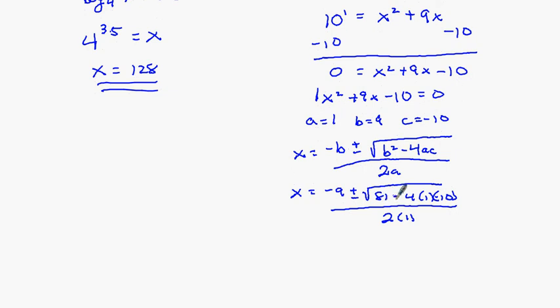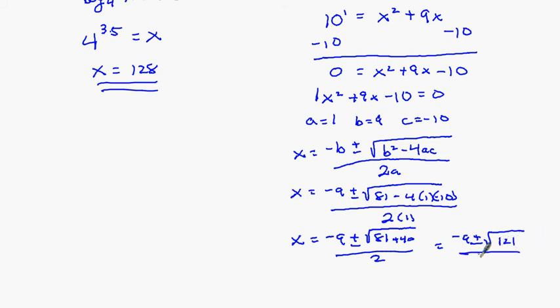Okay, so this becomes x equals negative 9 plus or minus the square root of 81 plus 40 over 2, which is negative 9 plus or minus the square root of 121 over 2, and that happens to be 11.